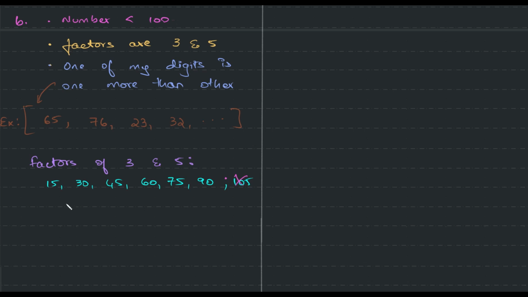Now, which number is less than 100, that's okay, and has factors 3 and 5, that also we got. One of my digits is one more than the other. Can you pause and think over which is the answer? Yes, 45. 45 is less than 100 and 45 has factors 3 and 5.